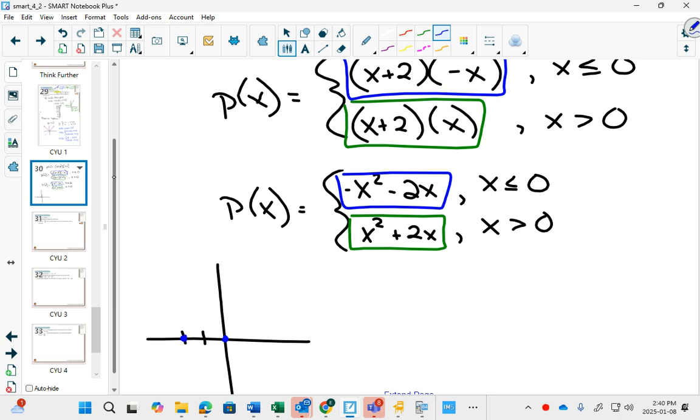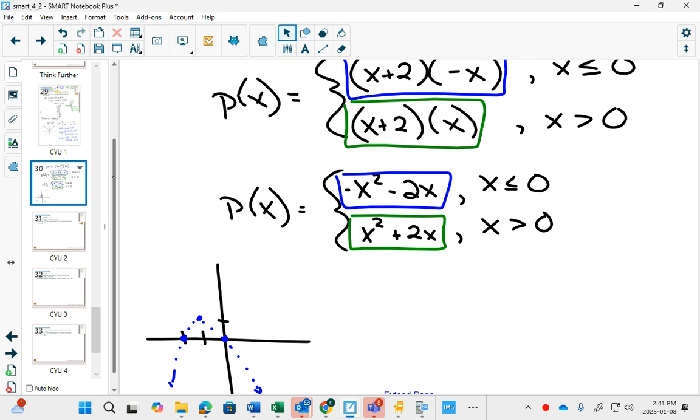Since it opens down, my vertex has to be at negative 1. I could either plug in negative 1 to get 1, or I could use the fact that the a value is 1, that I would have to go over 1 down 1, so it has to be there. I'm going to draw this with a dotted line. This is my parabola with a blue.